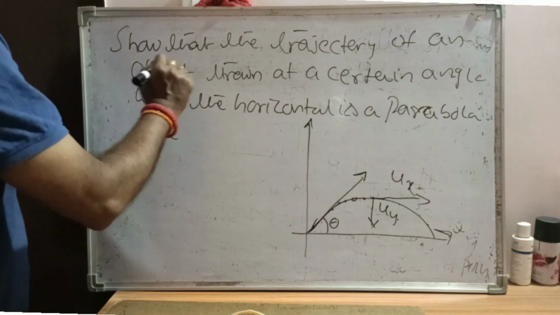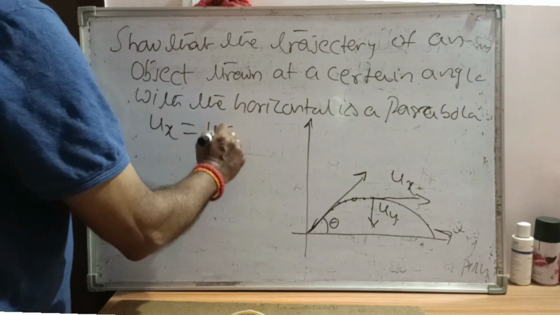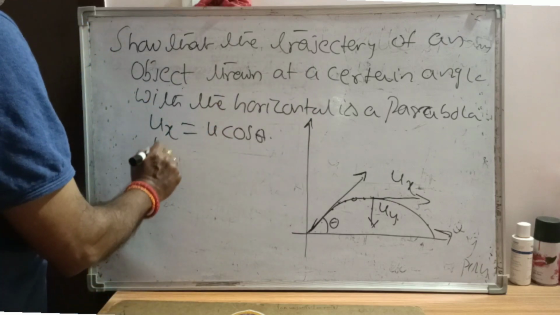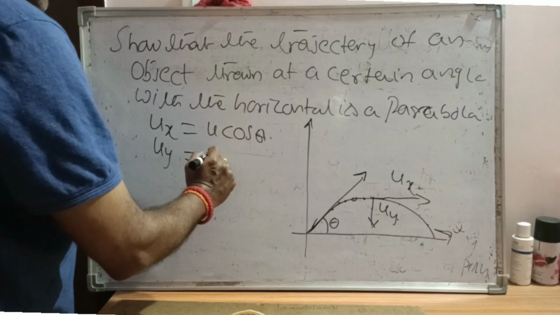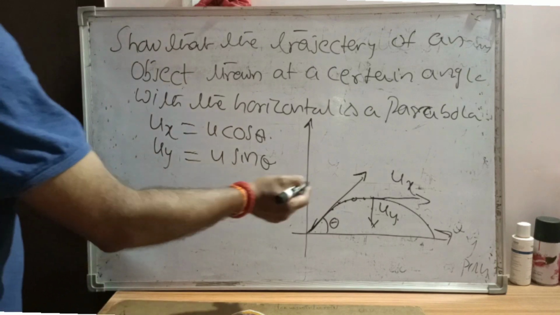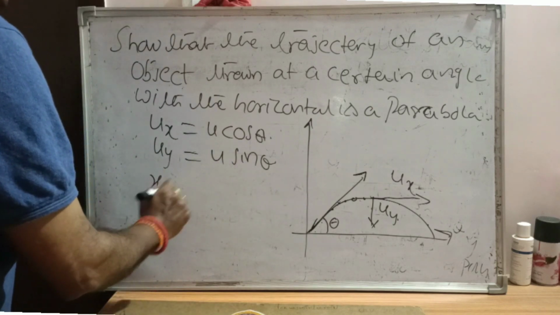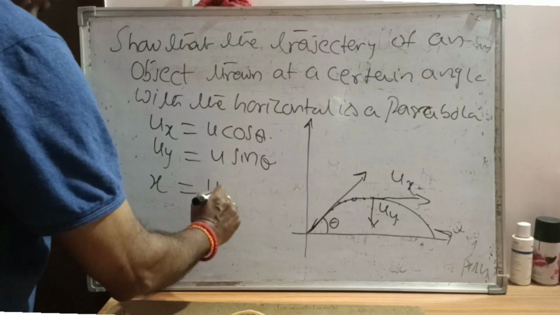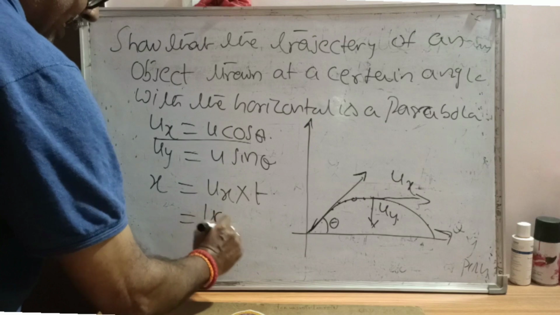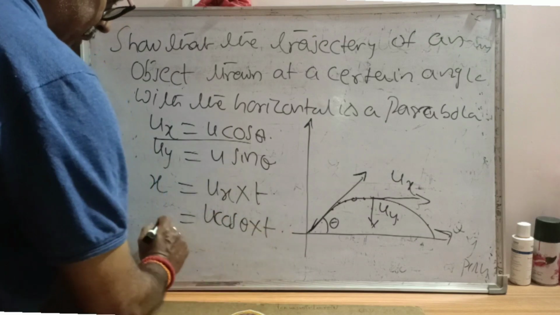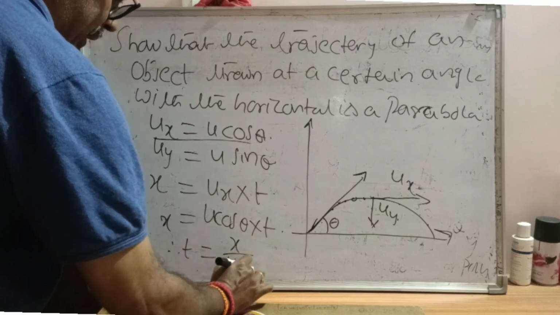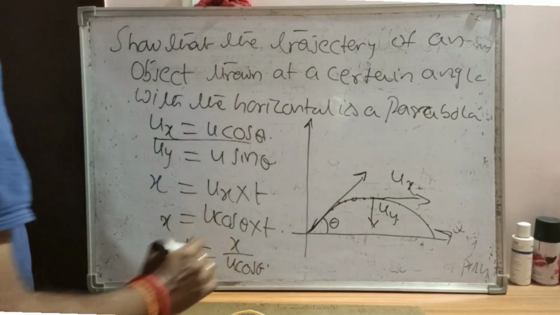Horizontal component ux is u cos theta, and the vertical component uy is u sin theta. Now we have to find the horizontal distance traveled. Distance is equal to velocity into time, ux into t, that is u cos theta into t. Therefore, t is equal to x by u cos theta.